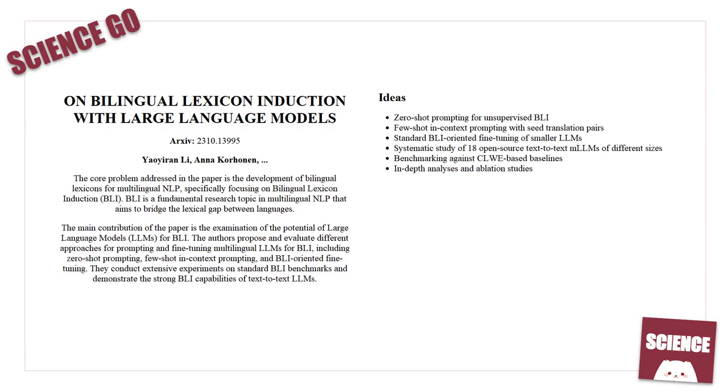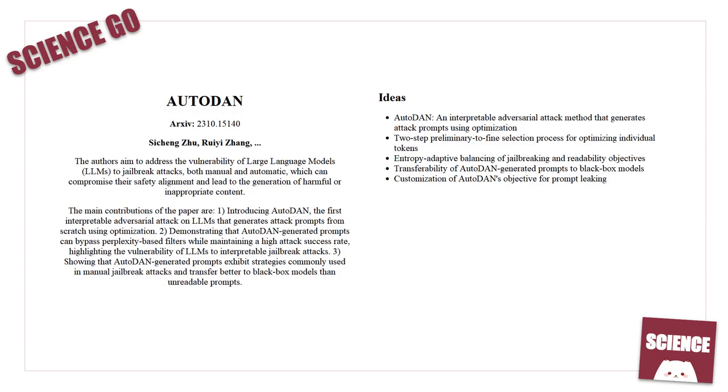The authors conducted experiments to test the effectiveness of these methods and found that LLMs can successfully bridge the gap between languages. And so this research is important because it improves multilingual natural language processing, and helps people communicate across different languages.